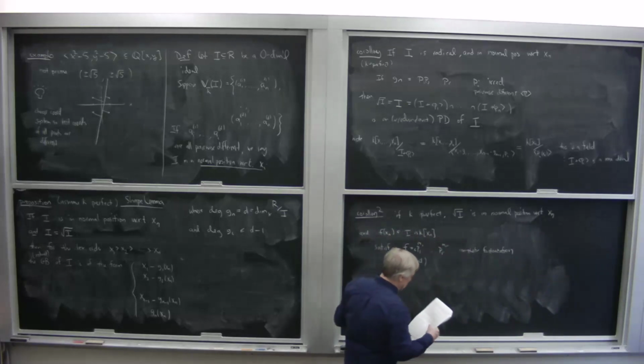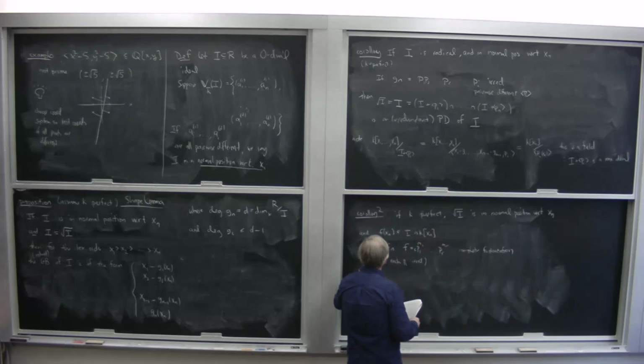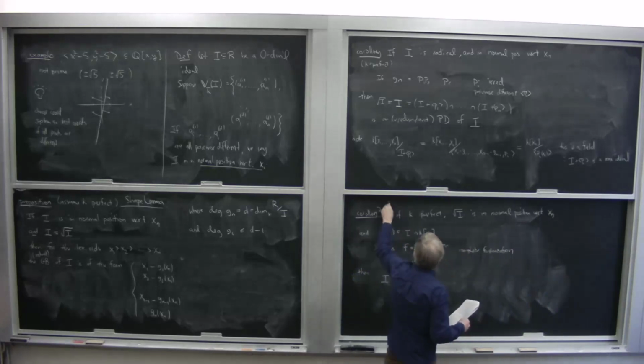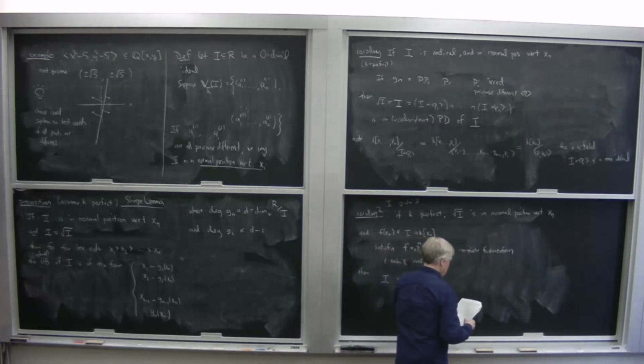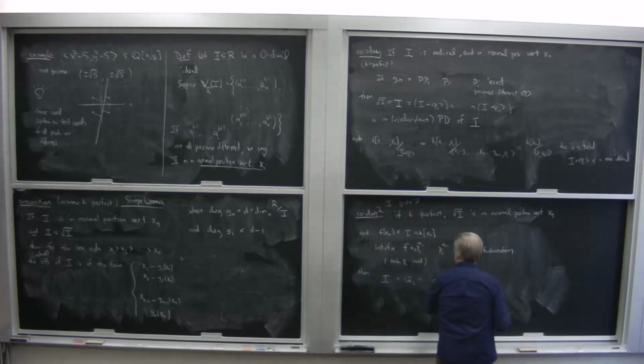But at any rate, in this case, the ideal I, which is zero dimensional, then I is equal to Q1 intersect dot dot dot QR.